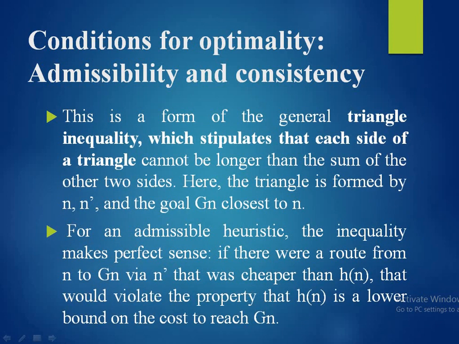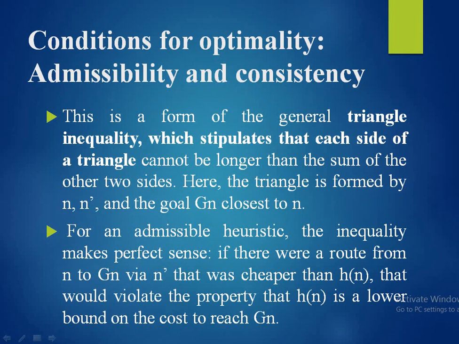This is a form of the general triangle inequality, which stipulates that each side of the triangle cannot be longer than the sum of the other two sides. Here, the triangle is formed by n, n dash and the goal g n closest to n.